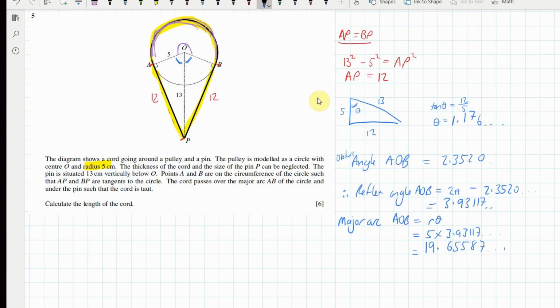Right, and therefore, total length equals 12 times 2, that's this bit and this bit, plus the major arc, which we said was 19.65, blah, blah, blah, equals, and I'm getting to 3 significant figures as my final answer, 43.7 centimeters. And that is the final answer.